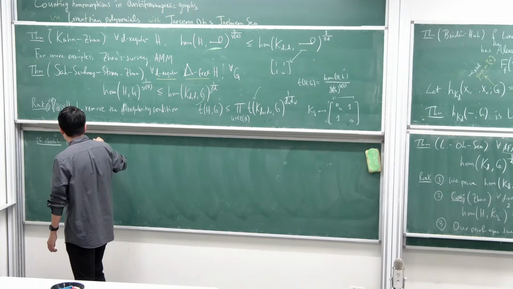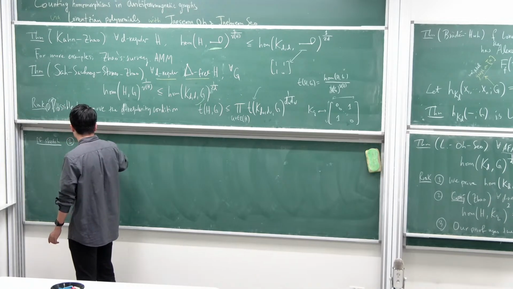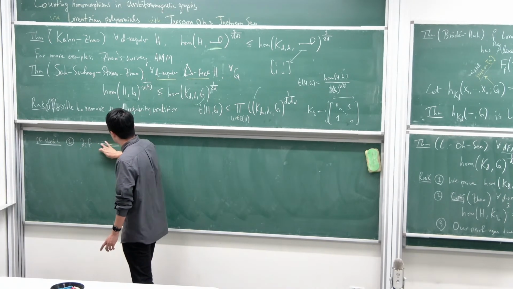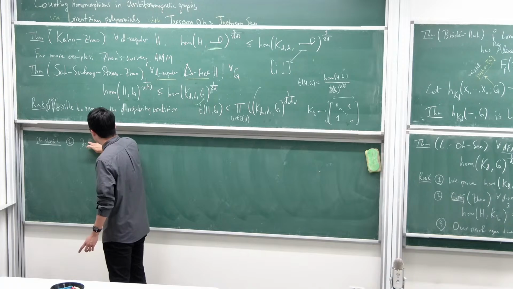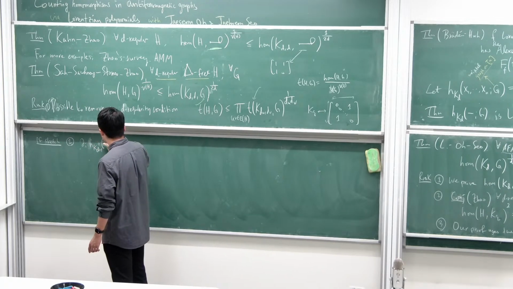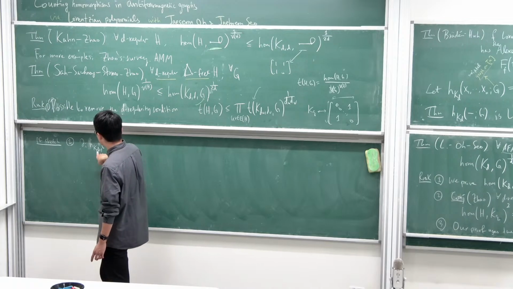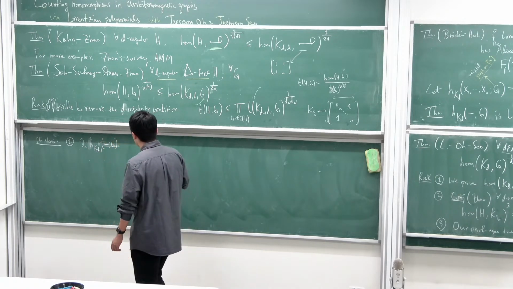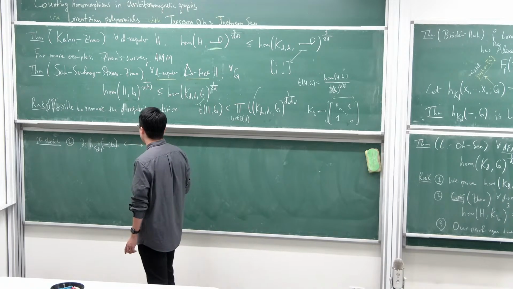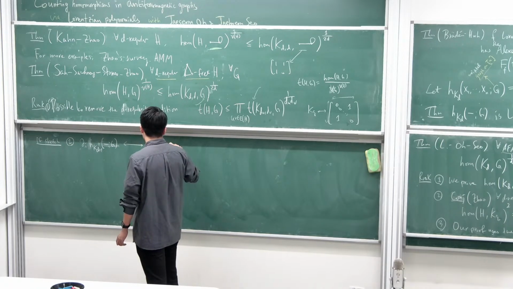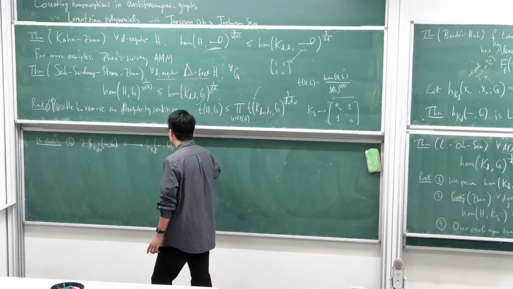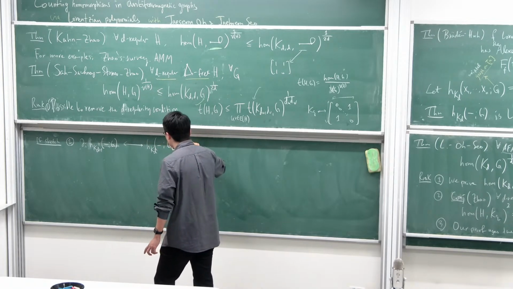First, to check if the partial derivative is Lorentzian, let me just put it this way. If I take K_{d+1} and look at the partial derivative with respect to the ith variable, then this corresponds to h_{K_d} in G induced on the neighborhood of i.